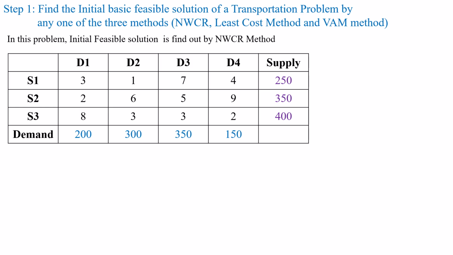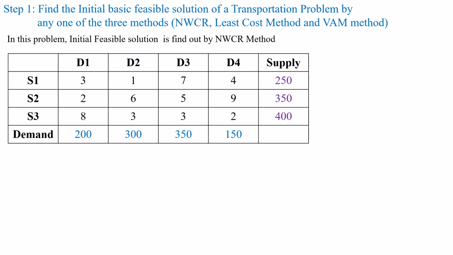In the northwest corner rule method, first select the northwest corner cell or upper left corner cell in the transportation matrix. Then allocate the minimum value of the demand or supply.